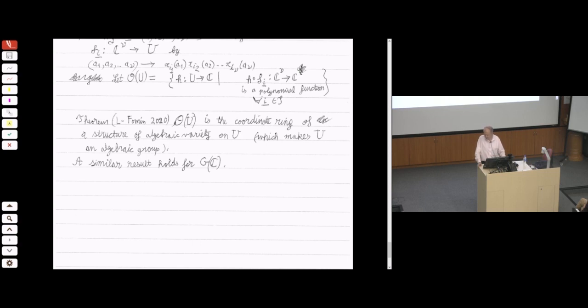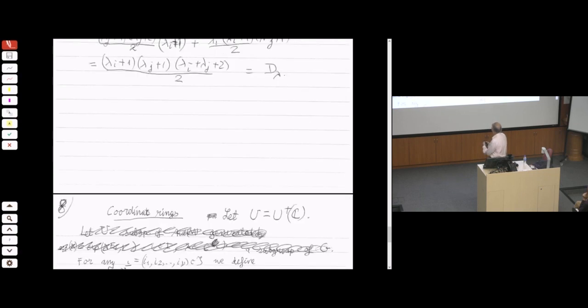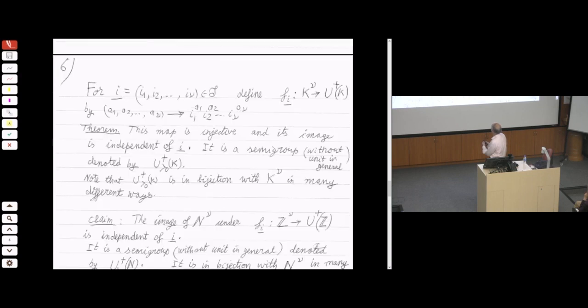Okay, so maybe I can also say something about another interpretation of this U plus of n, U plus positive of n.